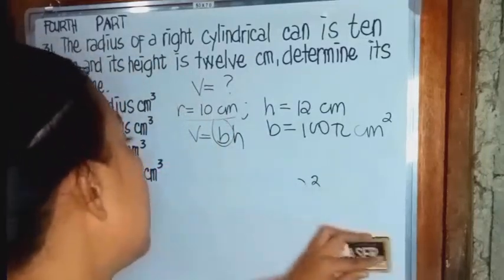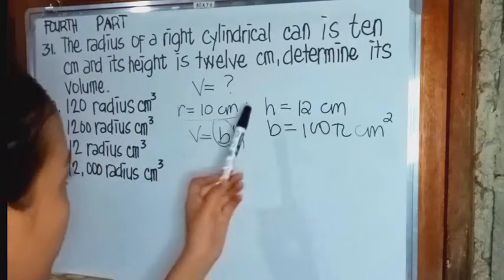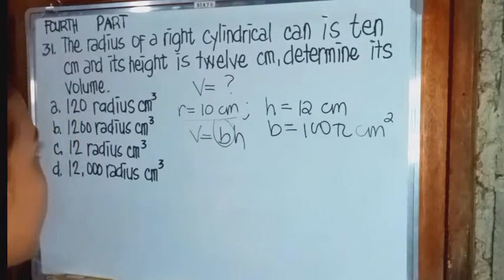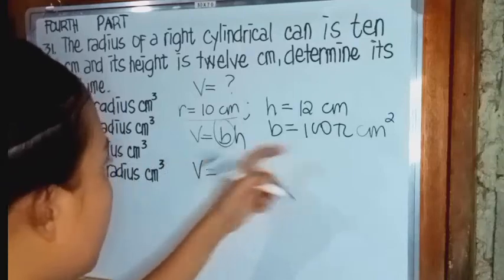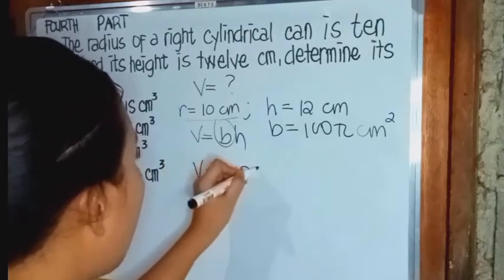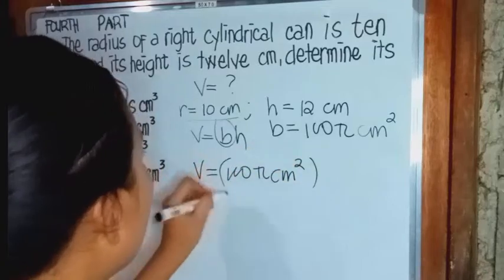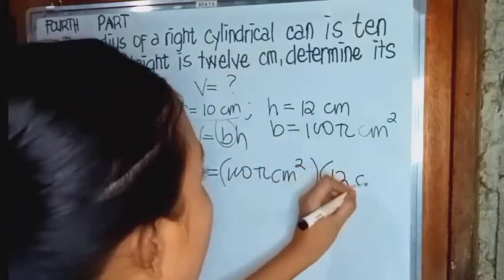Now we can substitute the values of the height and the base in order to find the volume of the right cylindrical can. Volume is equal to base, which is 100 pi square centimeter, times the height, which is 12 centimeters.